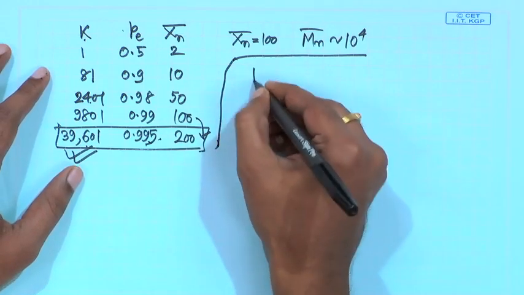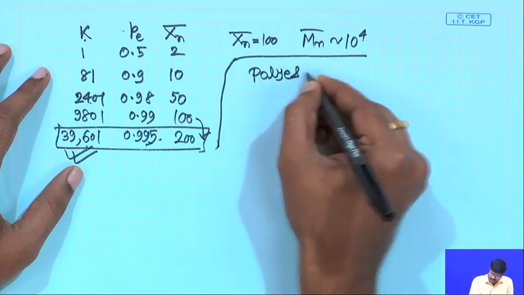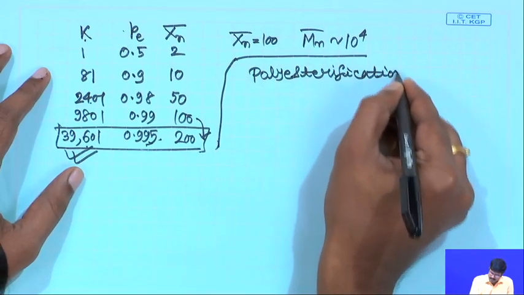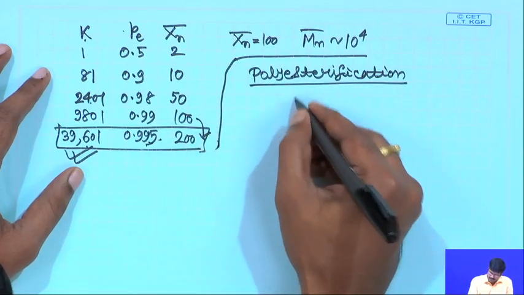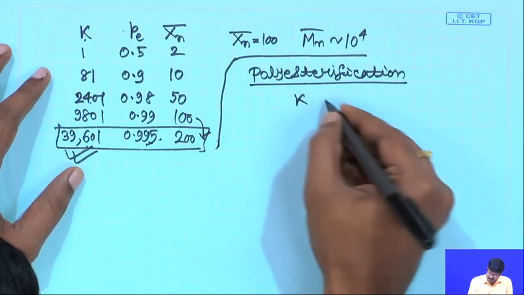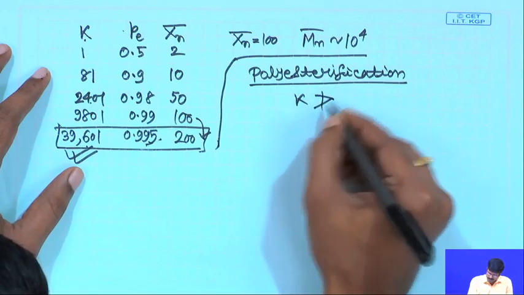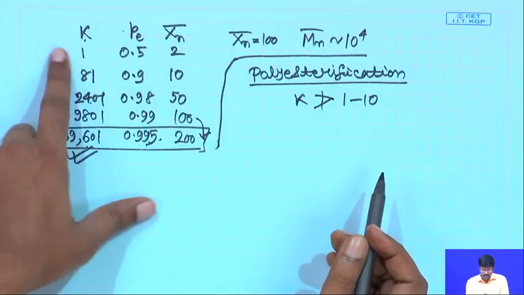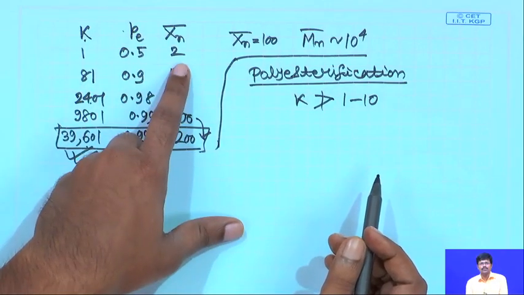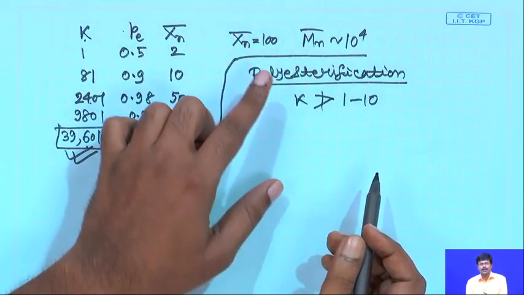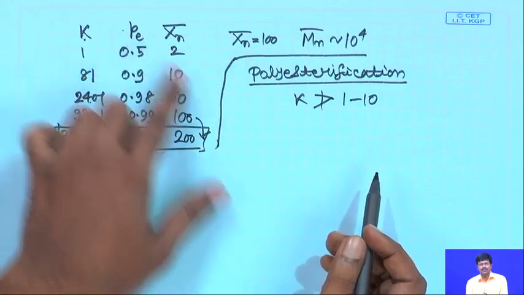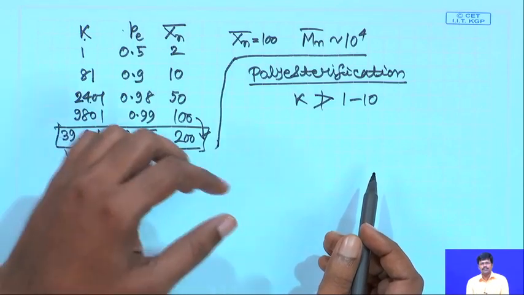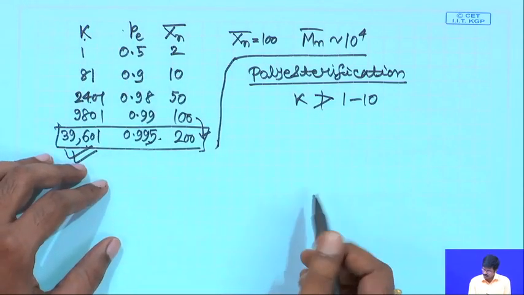Say if you are looking at polyesterification reactions, your typical K values are of the order of 10, they do not normally go beyond 10, I am just putting 1 to 10. So, if the K value is say 10, you are getting Xn value very very low, this reaction cannot work. If you are looking for polyesterification, you cannot do in closed system, you cannot simply get high enough degree of polymerization which will lead to high enough molecular weight of the product.